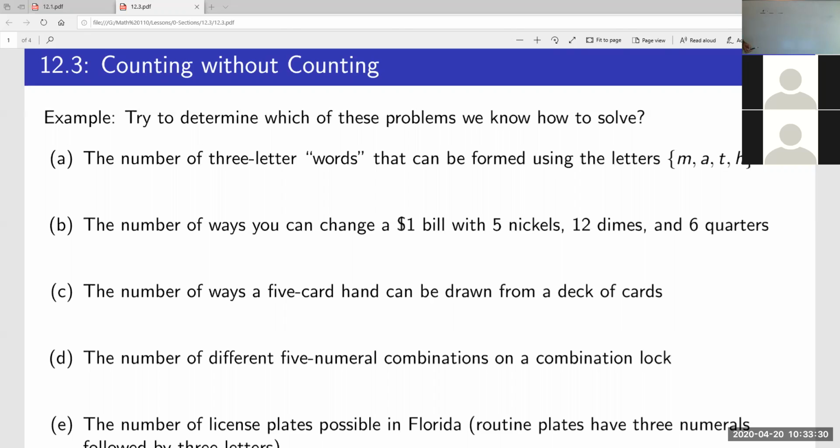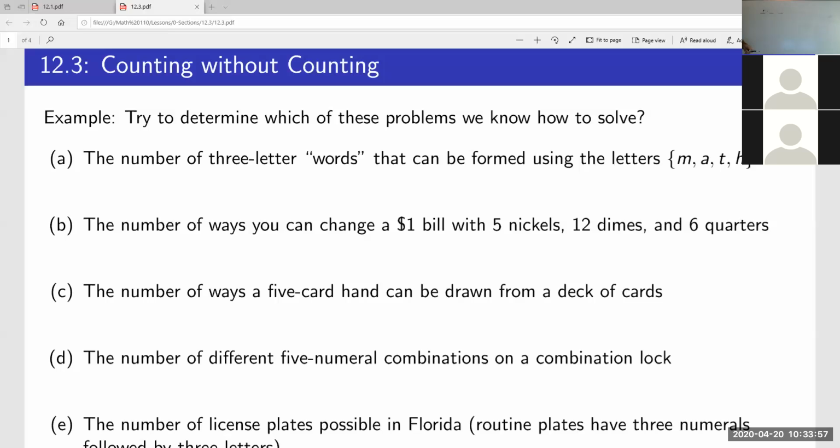So how many is it, since we can have repeats? 4 again. Yeah, it's 4 again, because we can use all 4 of them this time.